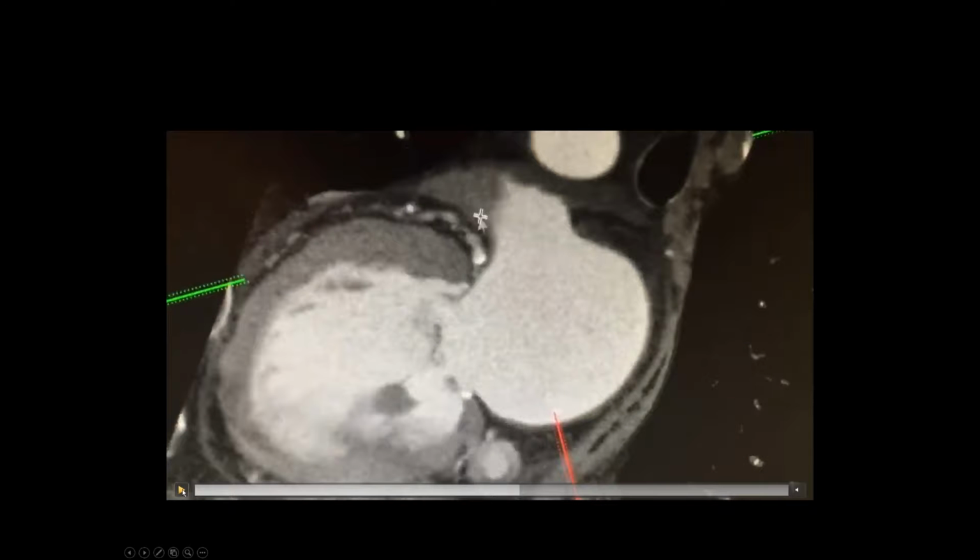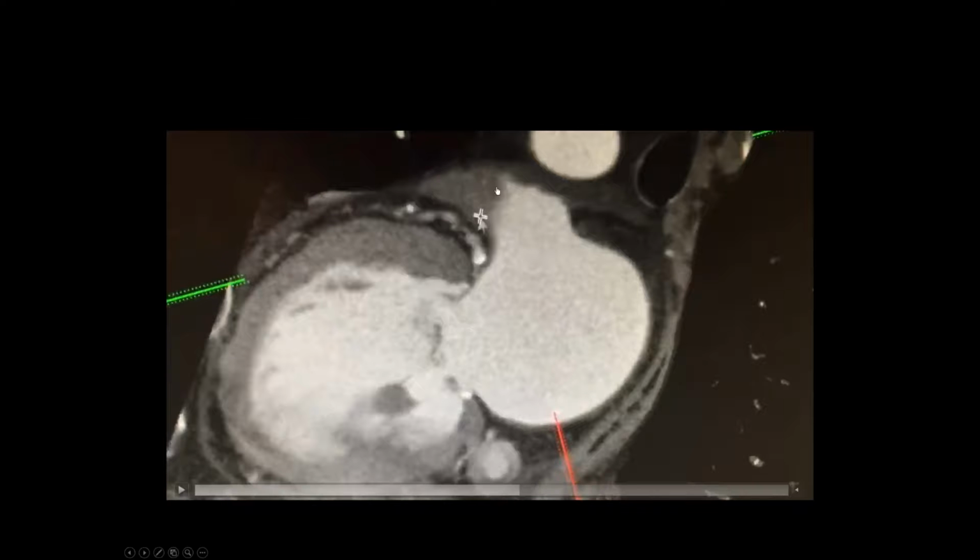Just as a side reference here, what's helpful about gating a cardiac CT versus step and shoot, which is a prospective, which is basically one slice volume.